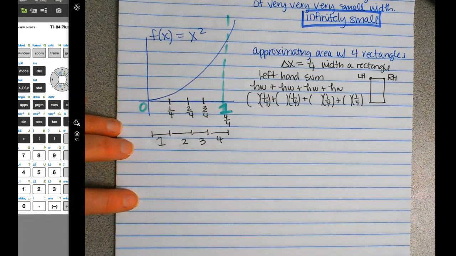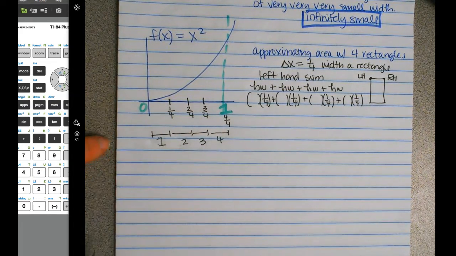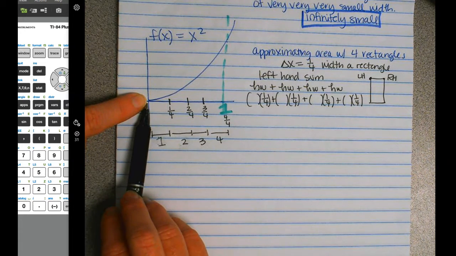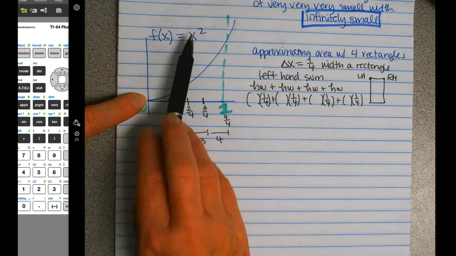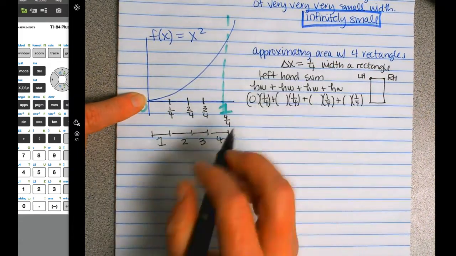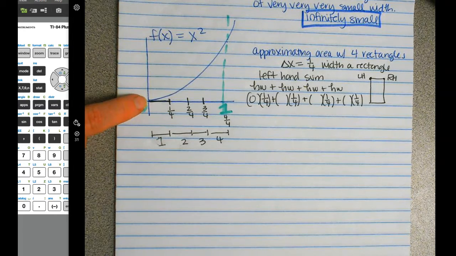Okay? What's the left-hand height of this first rectangle that's going to be above here? What's the f of 0 here? F of 0. 0. Okay, well that's okay. So this is my first rectangle. It's just flat because I'm taking it from the left-hand height.